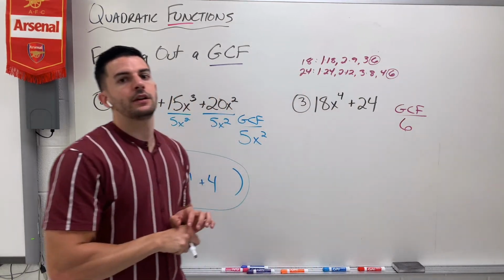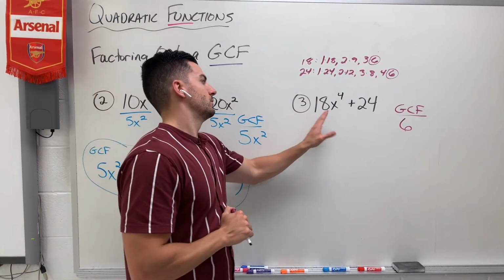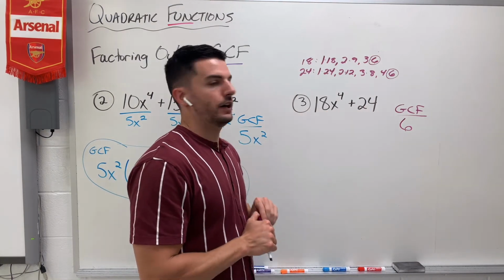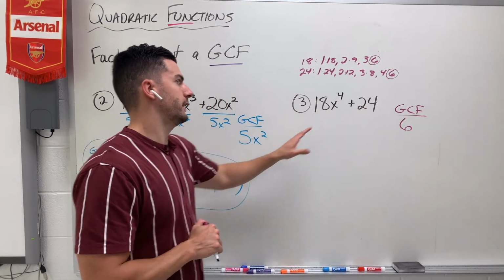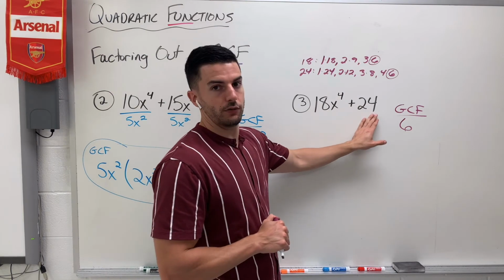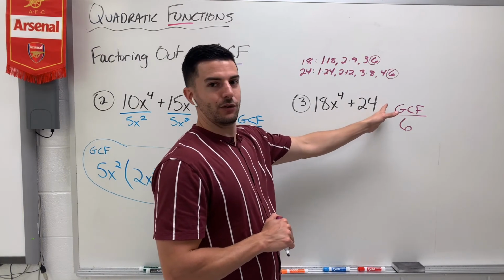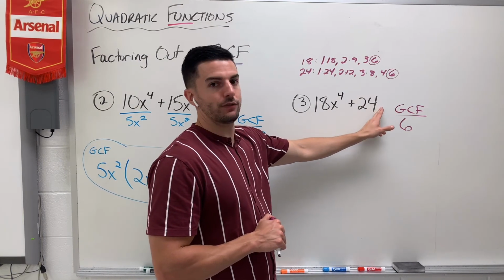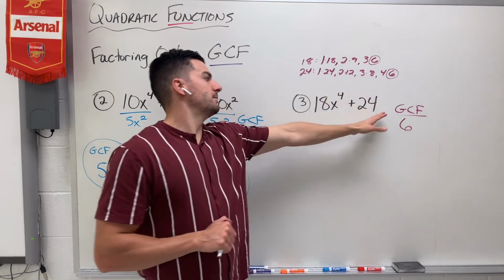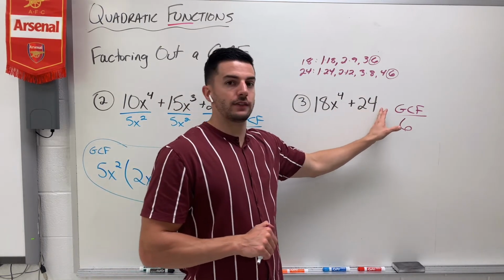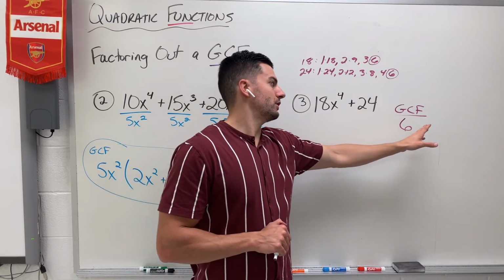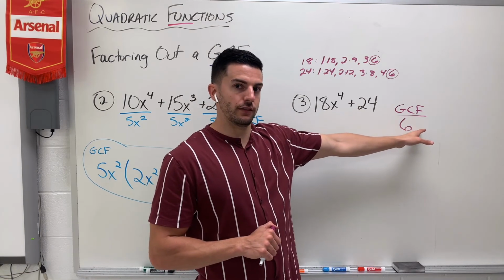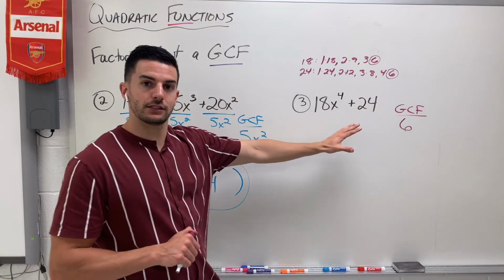Now, tricky. With your variables, okay? 18x to the 4th plus 24. No variable here, right? No variable with the 24. So what does that mean? That means if this doesn't have a variable, we are not going to include a variable in the GCF. So the GCF is just 6, okay?